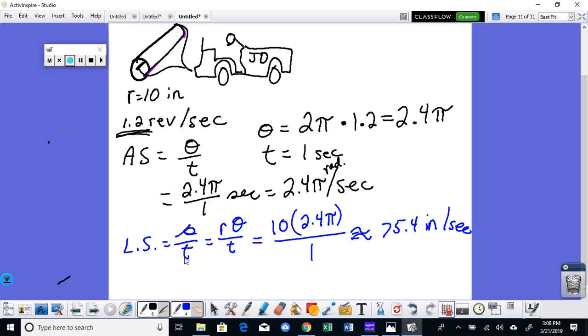Okay, let's talk about quadrants for a second. Everybody got that? Okay.